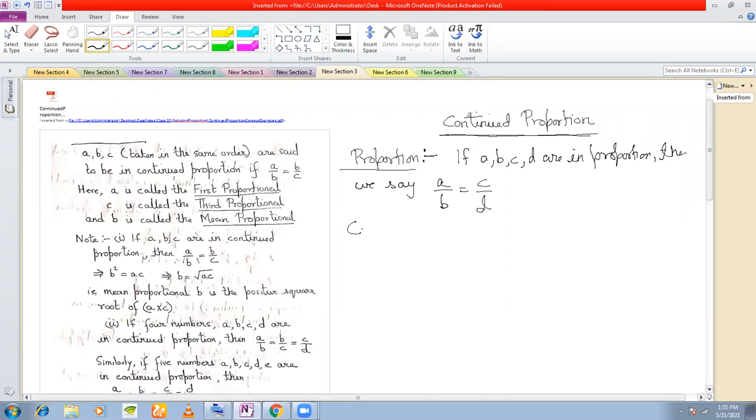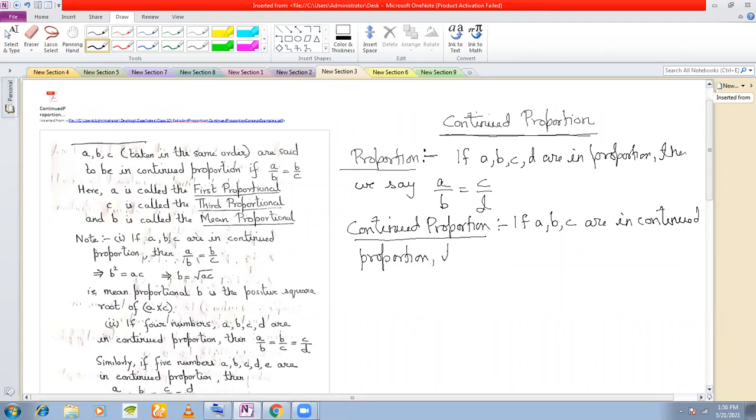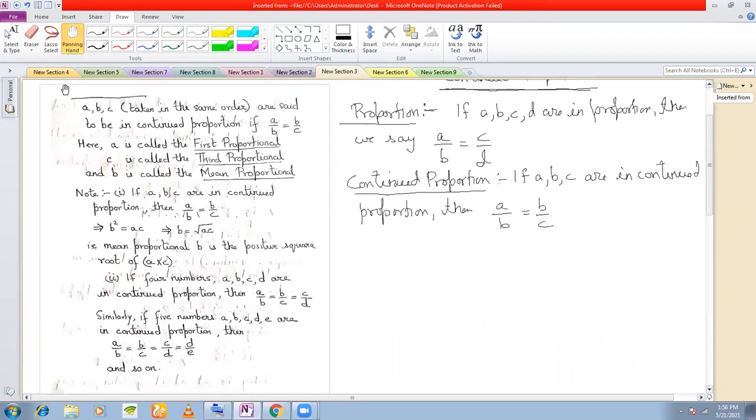However, when we are talking about continued proportion, we say if three numbers A, B, C are in continued proportion, then we write A by B is equal to B by C. That is in ratio proportion.